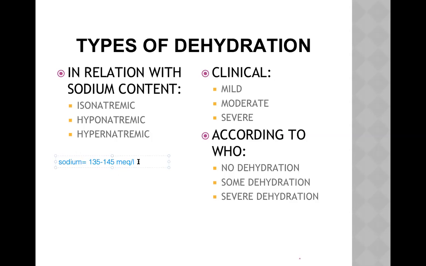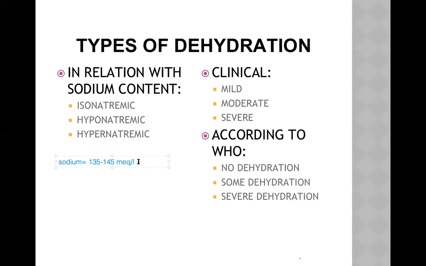Now one question must come to your mind. If we are losing water, then how is sodium more than 145? Usually the concept is, if we lose water, we lose sodium as well along with the water. Then why am I using these three terms in the classification of dehydration? The answer is very easy here. It is all about the proportion of water and electrolyte loss.